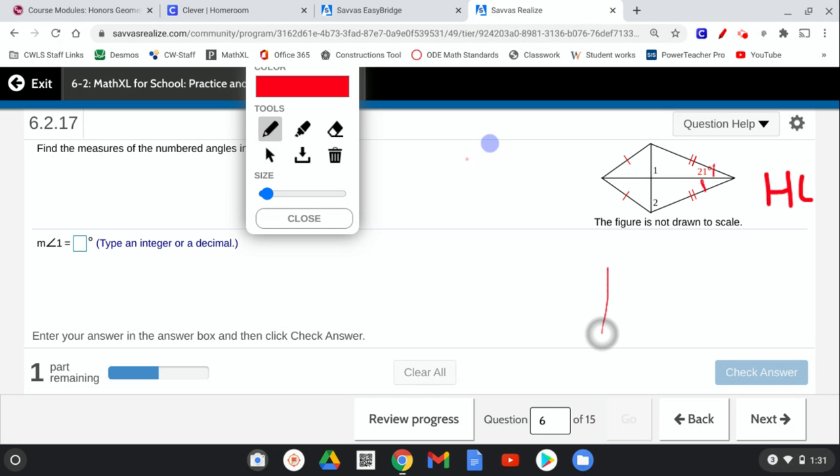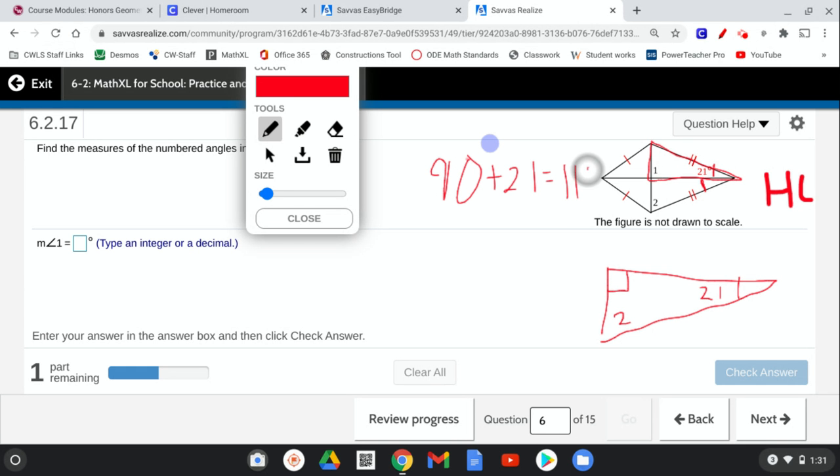So if I draw that triangle a little bit bigger, I have that this is angle 2, this is a right angle. I'm going to know that this angle is 21, all right, because it's congruent to this triangle right here on the top. So then all I have to do to solve for the measure of angle 2 is just do 90 plus 21, okay? And when I do that, that's going to give me 111.